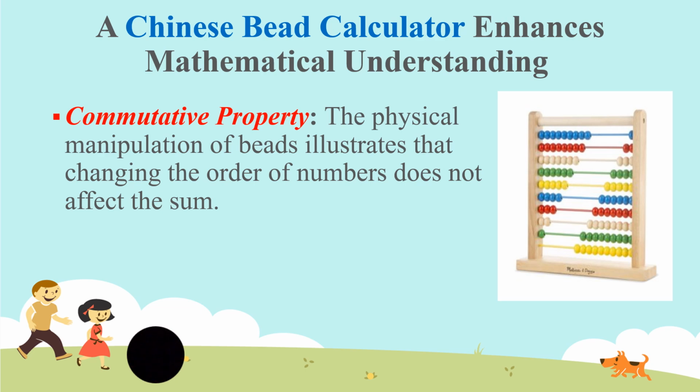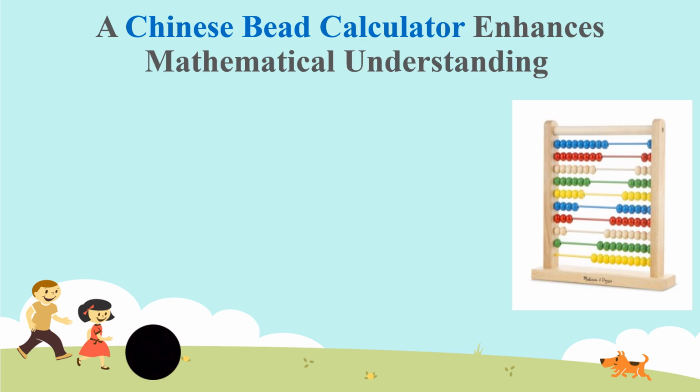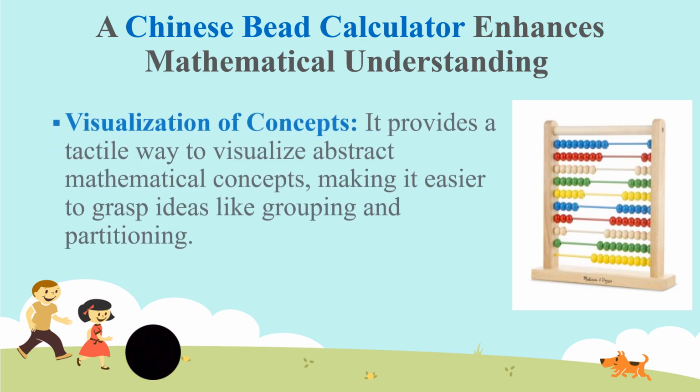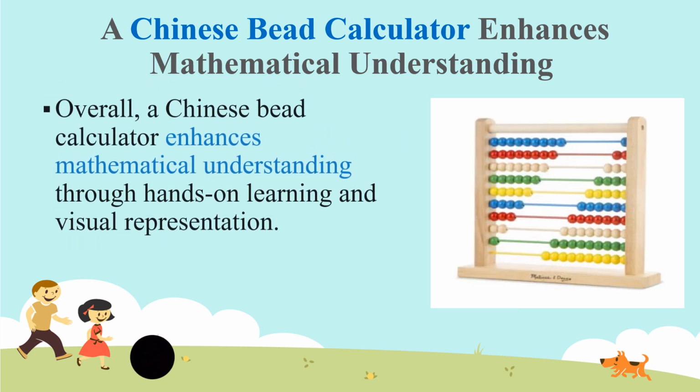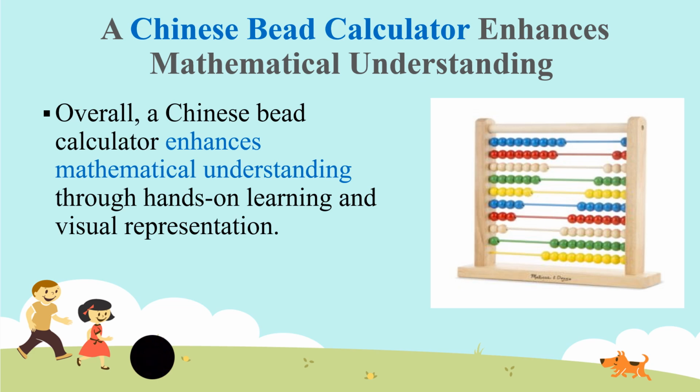The physical manipulation of beads illustrates that changing the order of numbers does not affect the sum. Visualization of concepts. It provides a tactile way to visualize abstract mathematical concepts, making it easier to grasp ideas like grouping and partitioning. Overall, a Chinese bead calculator enhances mathematical understanding through hands-on learning and visual representation.